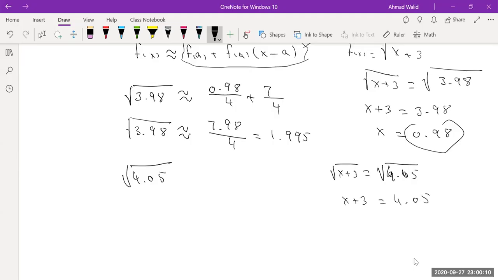If you subtract 3 from both sides, it gives you x equals 1.05. Use the same formula and you can calculate the value of the square root of 4.05. This was all about section 2.9. I will stop the lecture here and see you all in chapter 4.